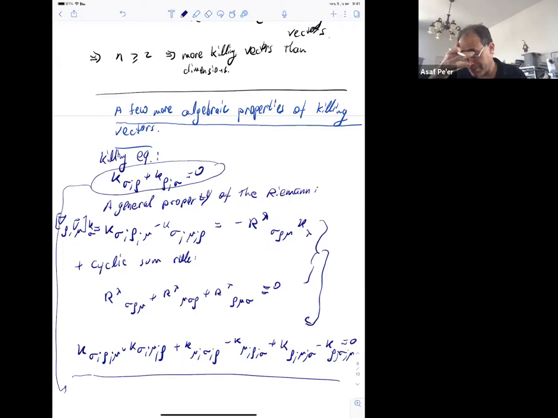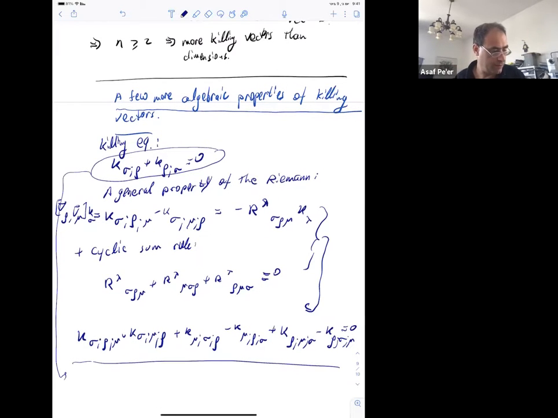On that equation, so I can switch, like minus K rho sigma mu is a plus K sigma rho mu, right? For example, I take that. Well, this is a plus K sigma rho mu from the Killing condition. And the same I can do with the other minuses.